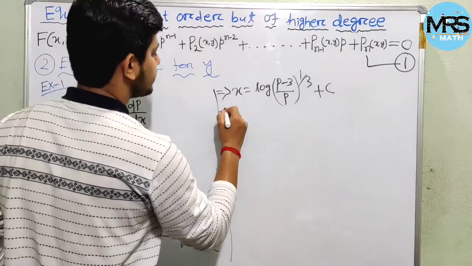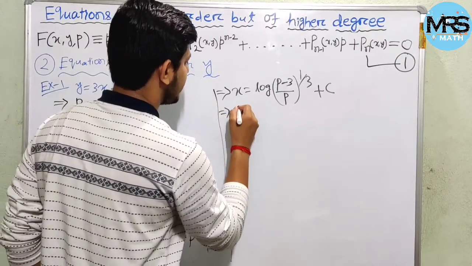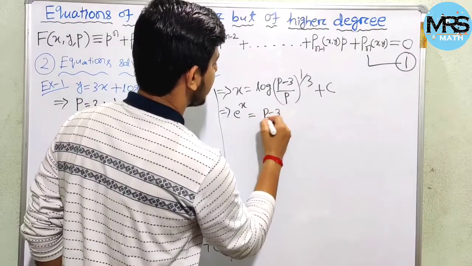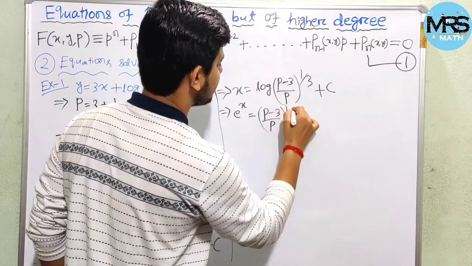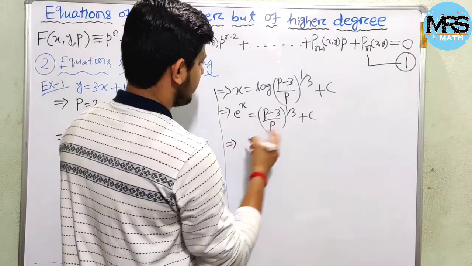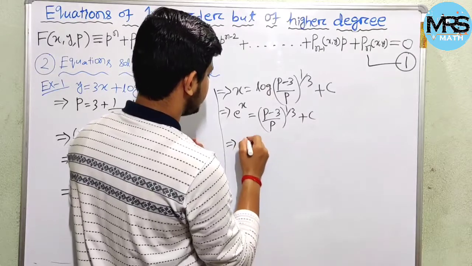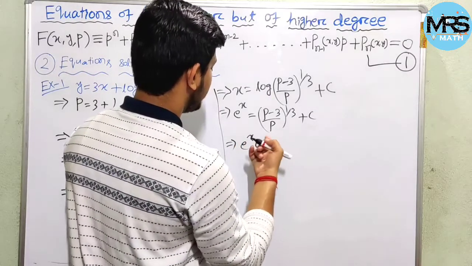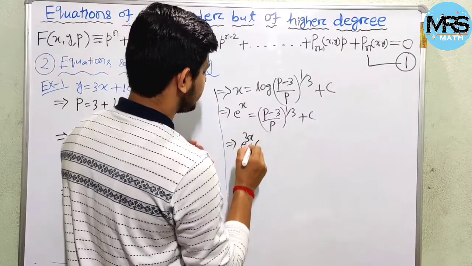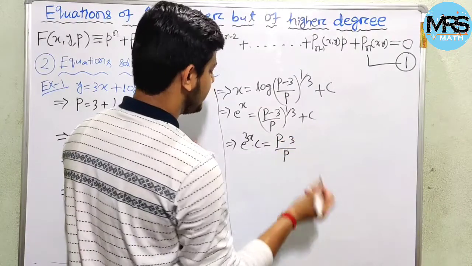If we take the exponential on both sides, we get e to the power x equal to p minus 3 by p whole to the power 1 by 3, times some constant c. Taking the constant to the other side, e to the power x into c, and taking the cube on both sides, we get e to the power 3x into c equal to p minus 3 over p.